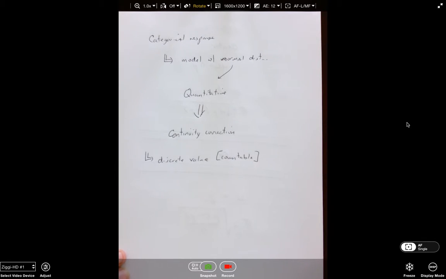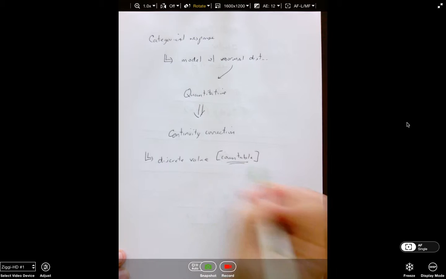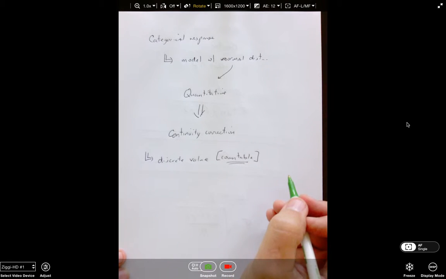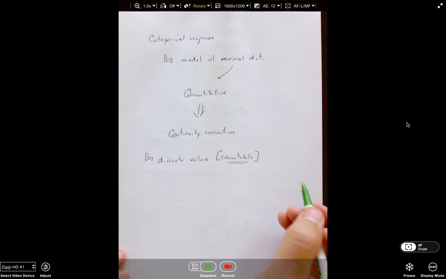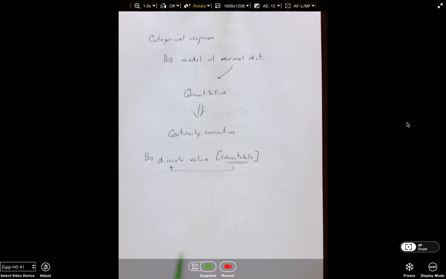I can't count your ACT. I can measure your ACT. But I can count the number of TVs you have. I can count the number of horses that you've ridden in your life. I can count the number of calculators that you have. So when something is countable, we have something that's called a discrete random variable.